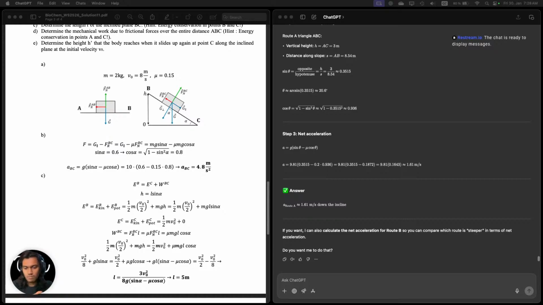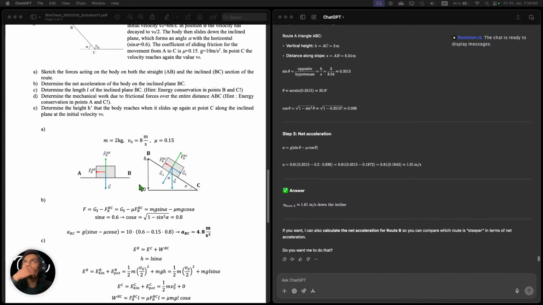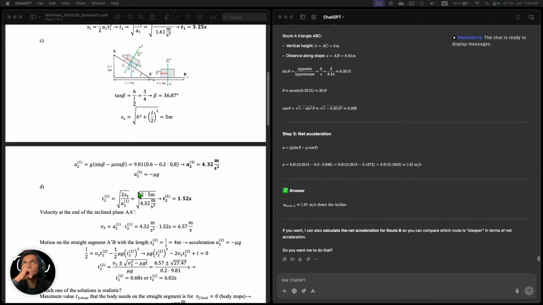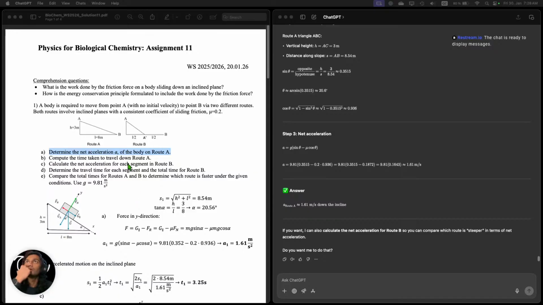So, we're looking at this one. We got two types of route. 8, 3, root of a squared plus 3, 5, 4.